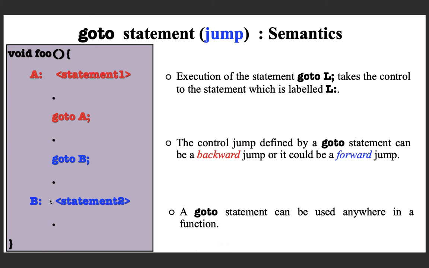And a goto statement can be used anywhere in a function. Definitely here there must be a way to skip this goto sometime. Otherwise always this will happen and this will be a loop. You can use conditional execution of goto to avoid that. Anyway, it's up to you whether you want to use goto or not.